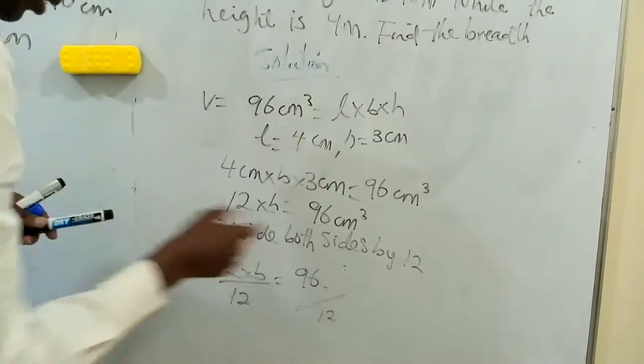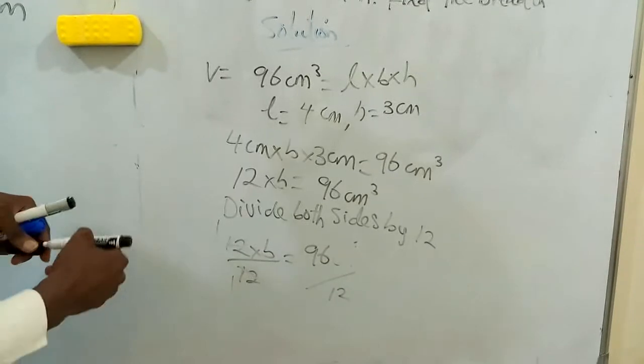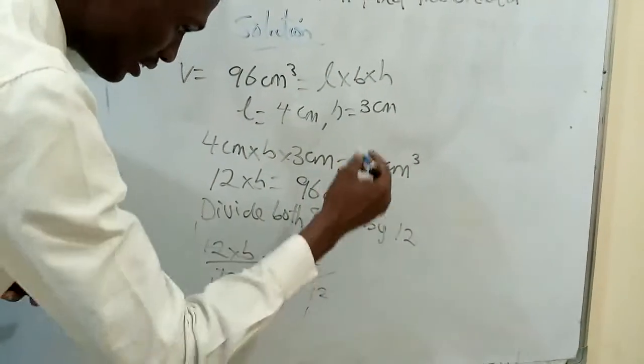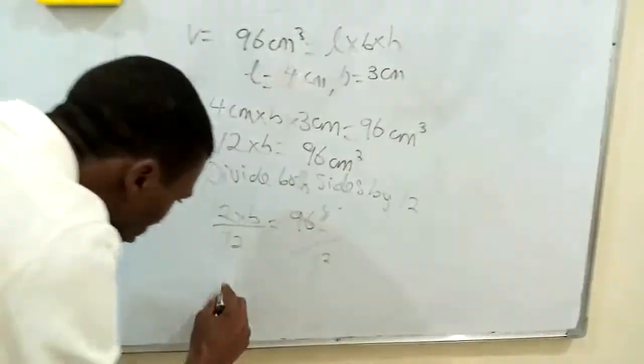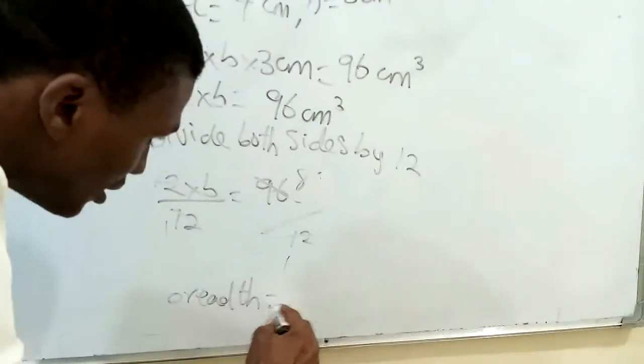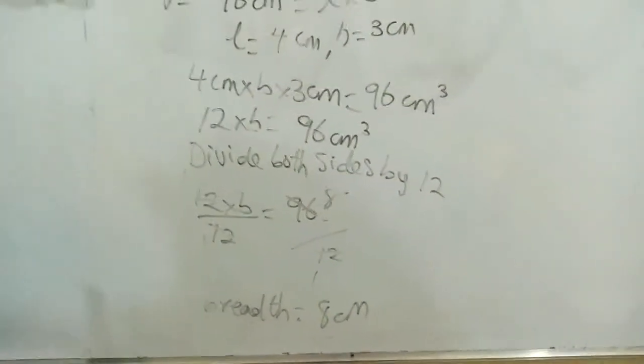At this point we cancel out. 12 into itself is 1, 12 into 12 is 1. 12 into 96 we have 8. So our breadth B is 8 centimeter.